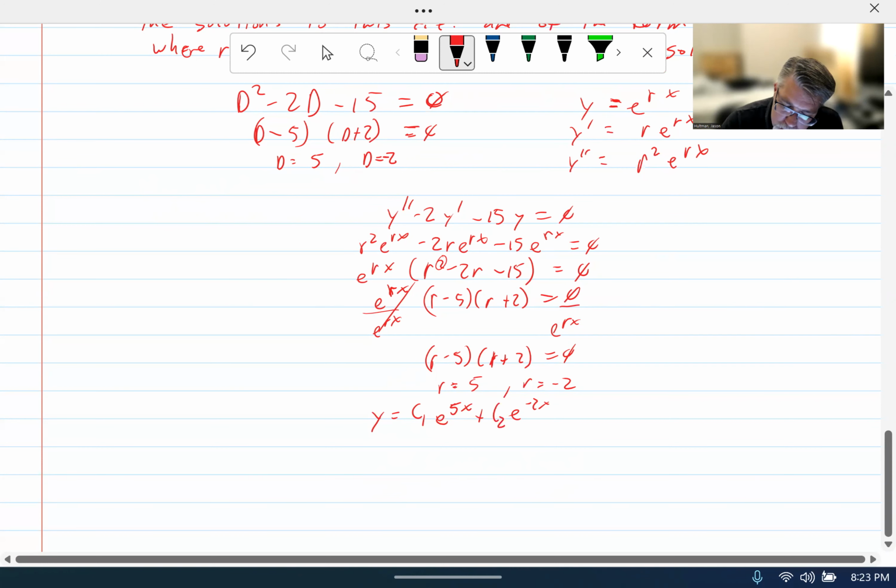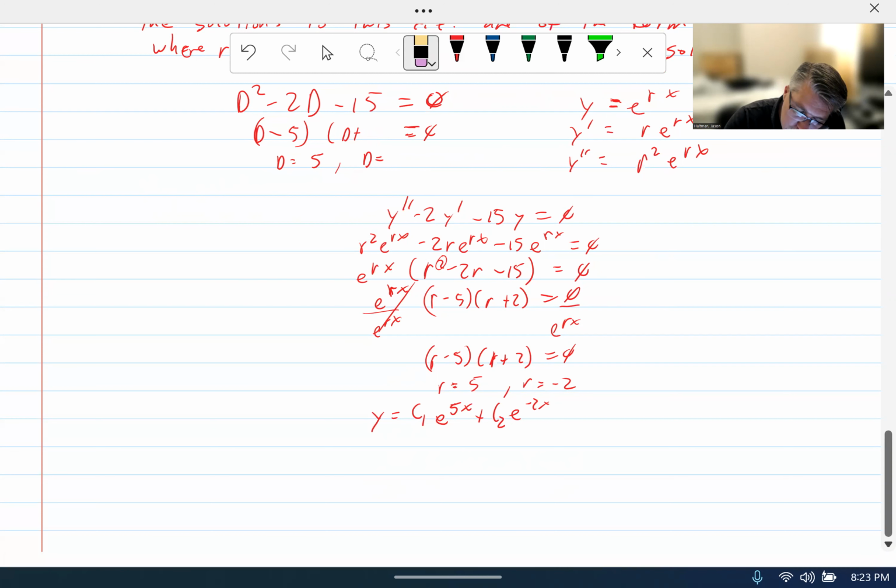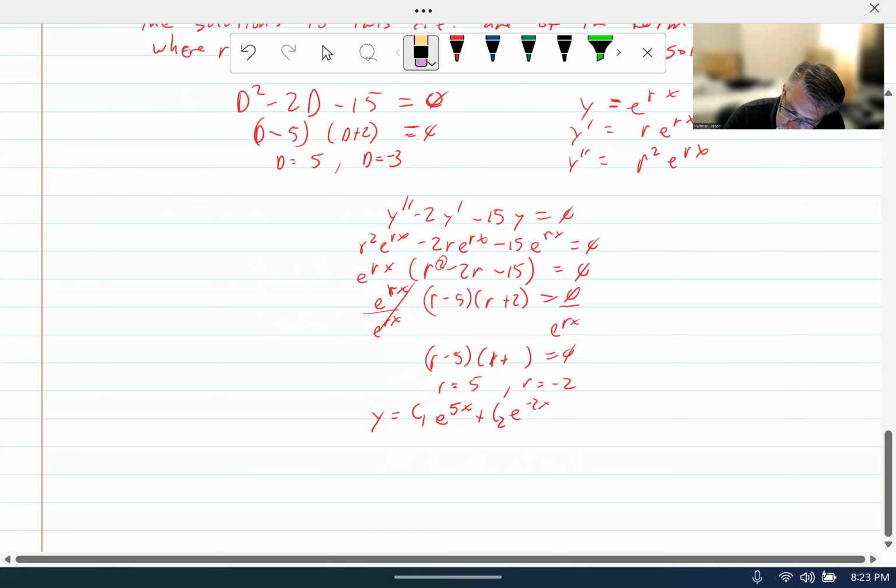Oh, you know what? This isn't 2. This is 3. I'm kind of screwed up on my factoring. That's okay. This is -3. This is 3, and this is -3.